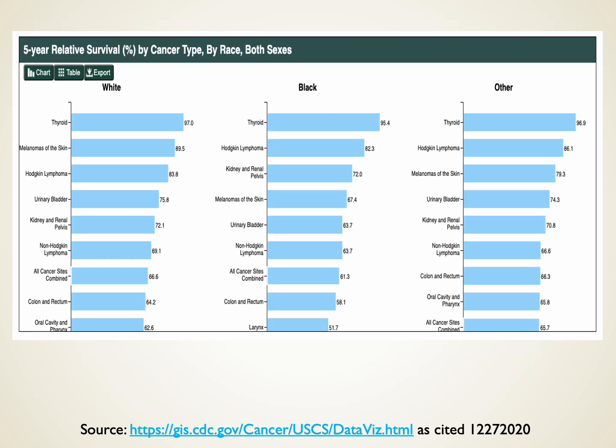Another way we can look at 5-year survival relates to, among other things, things that affect socioeconomic status and equal delivery and access to care. And so we see this difference between folks who are self-identified as white versus self-identified as black, or other scenarios, that the survival rates vary based on these variables.